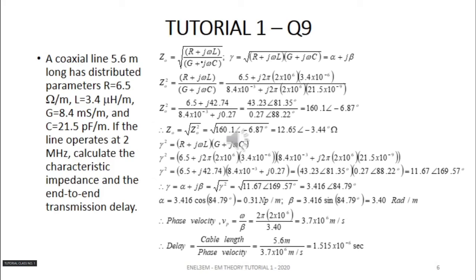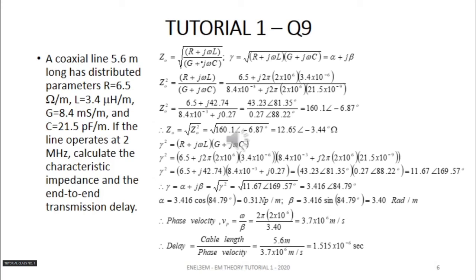Now we get Z naught squared as before, and when we insert the values of R and G and L and C, with omega given by 2 pi times 2 times 10 to the 6, because 2 times 10 to the 6 is your frequency, then Z naught squared is equal to 160.1, and the angle is minus 6.87 degrees. Therefore, Z naught is the square root of Z naught squared, and that gives us 12.65, and the angle is minus 3.44 degrees ohms.